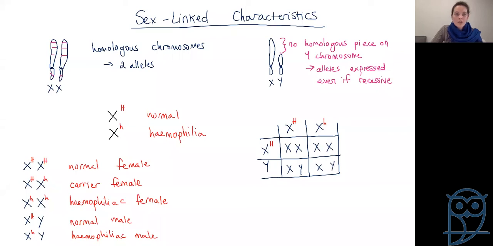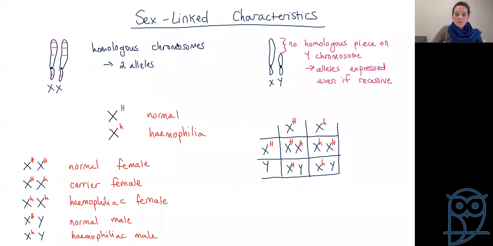Okay, 50% boys, 50% girls. But here's where it comes in different. These two get the normal gene from the mother. These two get the hemophilia gene from the mother. The 2 daughters get their father's normal genes, whereas the 2 sons just get his Ys.